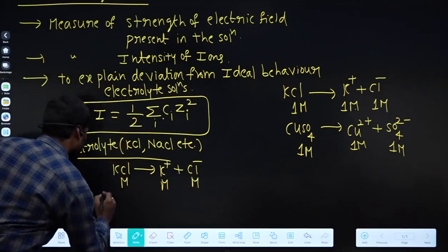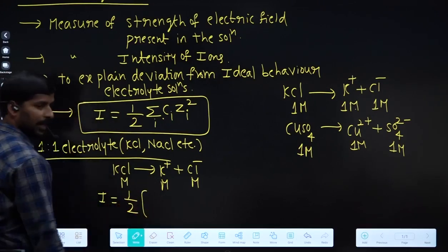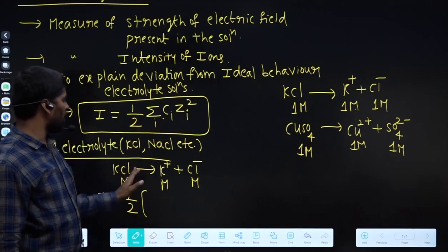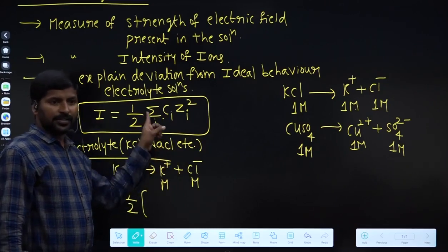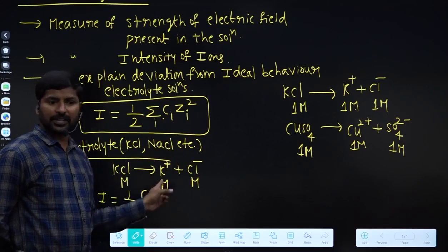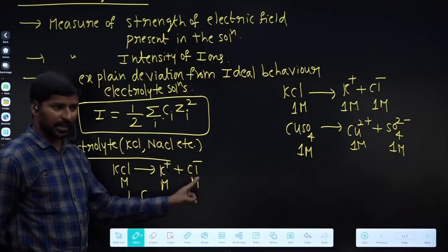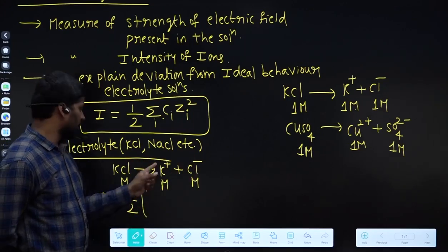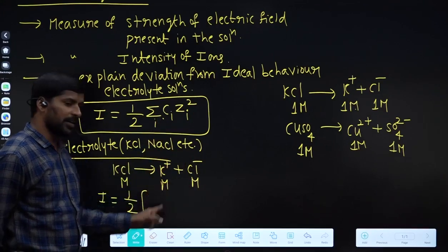So in this equation, I is equal to 1 by 2 summation, this summation we have to apply over all the ions present in the solution. Here two ions are there in the solution, K plus and Cl minus ions. So we have to apply to K plus ion and Cl minus ion. First, for K plus ion, what is the concentration? m.